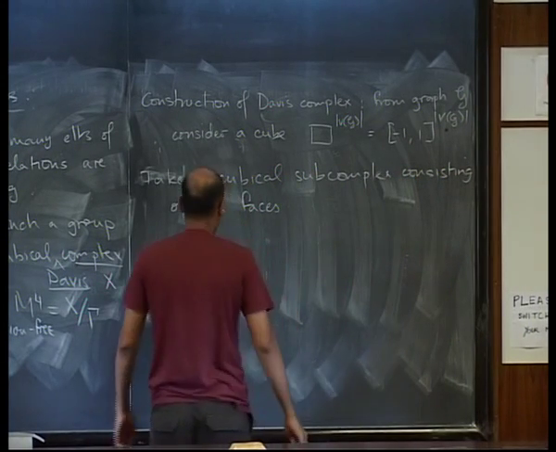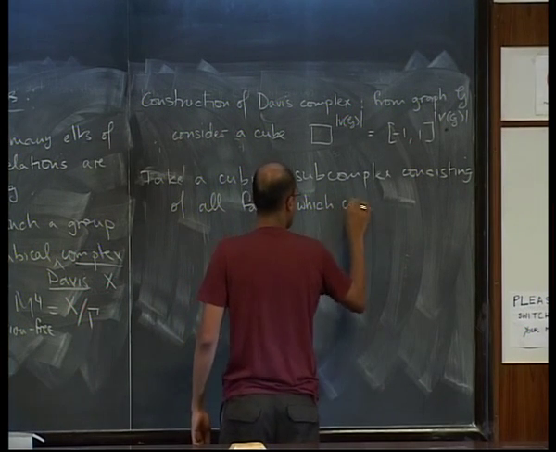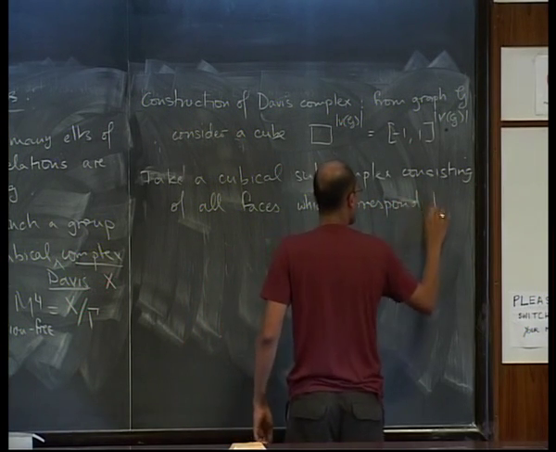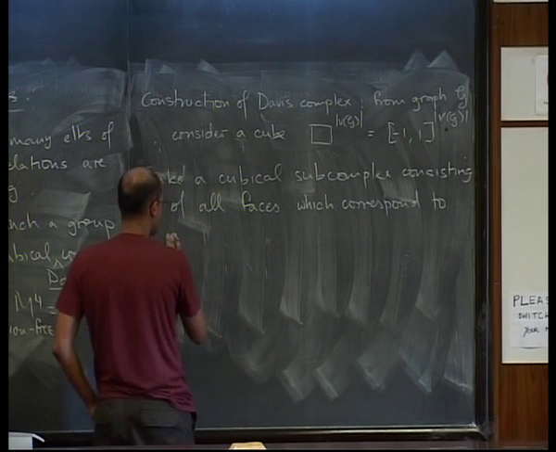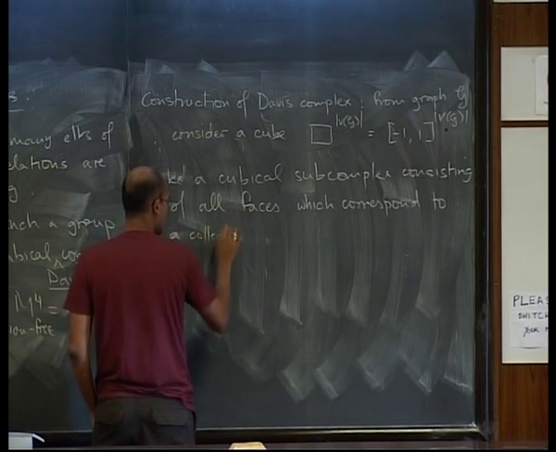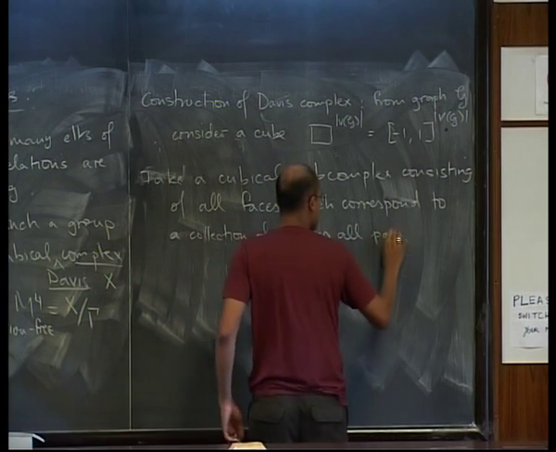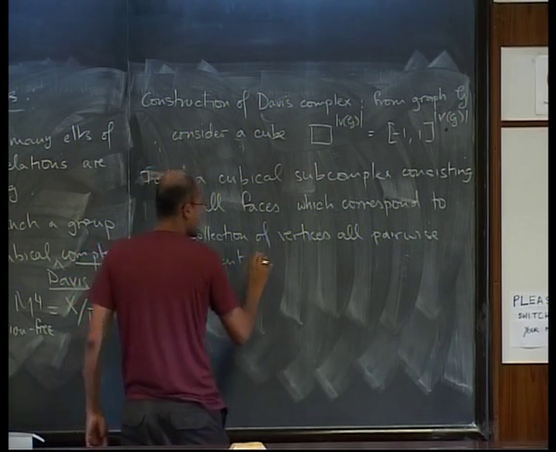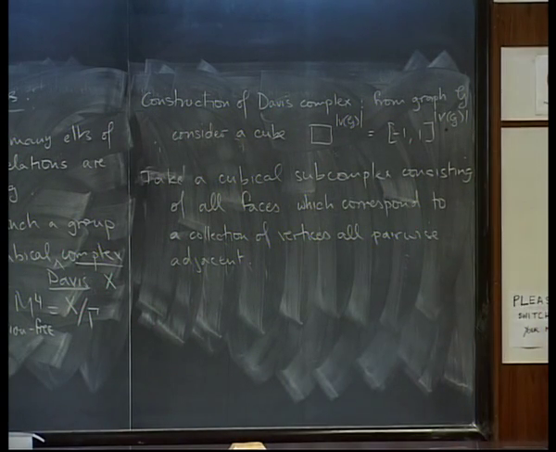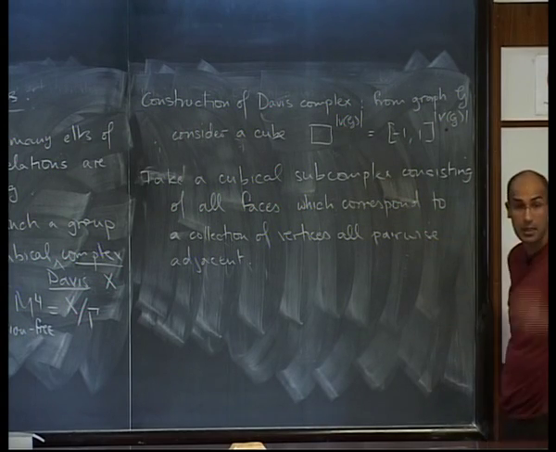So what you want to do is take all faces which correspond to a clique in the graph, so to a collection of vertices all pairwise adjacent. Okay. So anytime in the graph you see however many vertices that are all pairwise incident to each other, you look at the faces spanned out by those corresponding directions, and you throw them into this subcomplex.